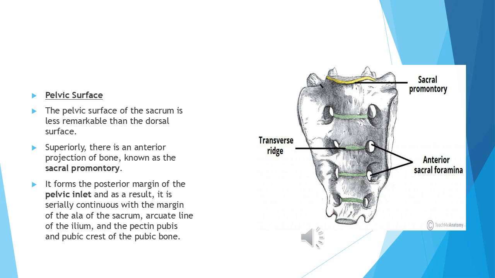This sacral promontory forms the posterior margin of the pelvic inlet, and as a result it is continuous with the margin of the ala of the sacrum, the arcuate line of the ilium, then the pecten pubis and the pubic crest of the bone, and that is how the pelvic inlet is formed.